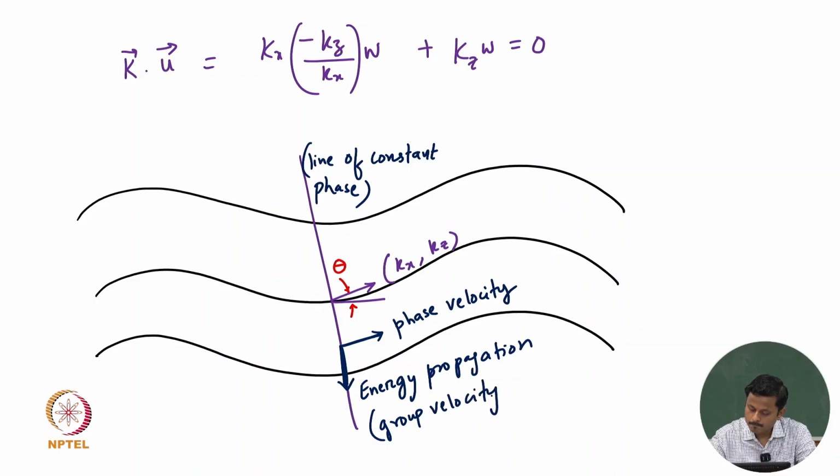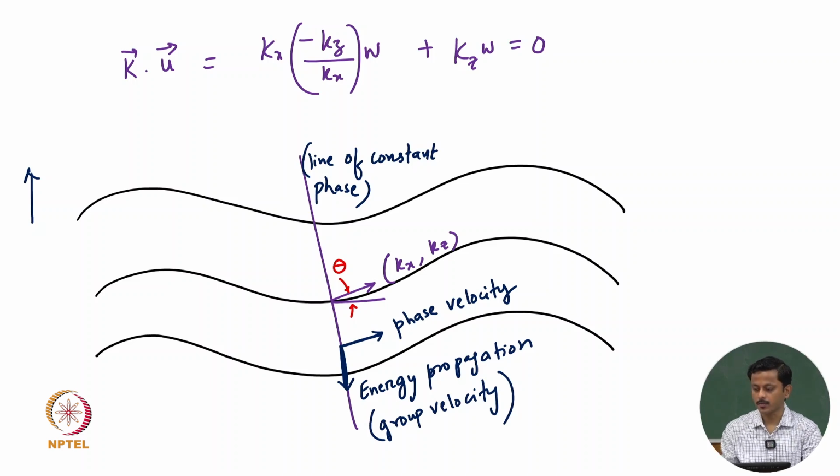So internal waves are propagating towards the surface, assuming that the surface is up there, at an angle theta to the horizontal, whereas the energy is propagating downwards along this line of constant phase.